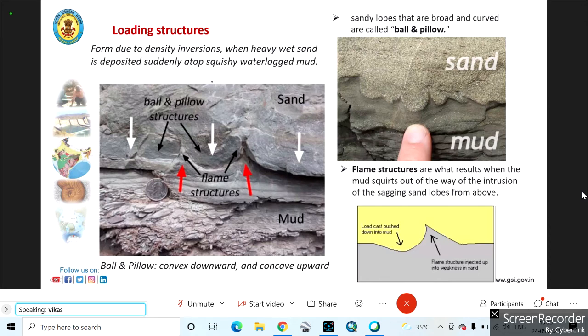That is, in the upper side of this photograph, the upper side where the sands are, they are younger than the mud. So like that, we can easily identify it. Similarly, the ball and pillow, as such, are convex downward and concave upward. That's the direction. Next, please.